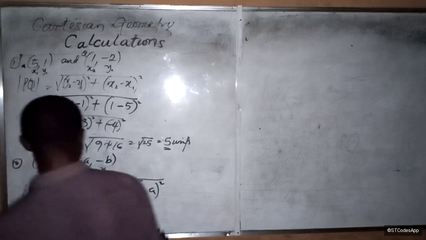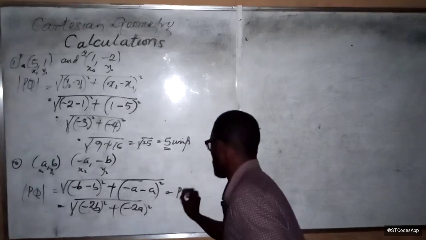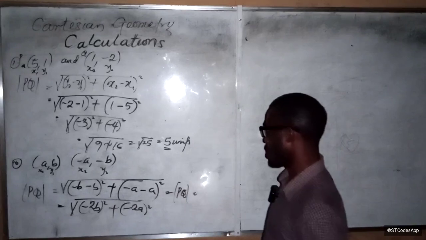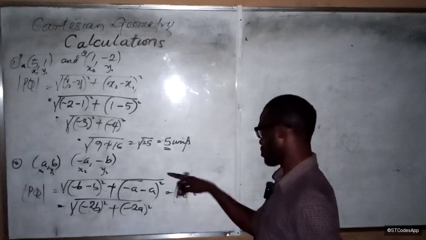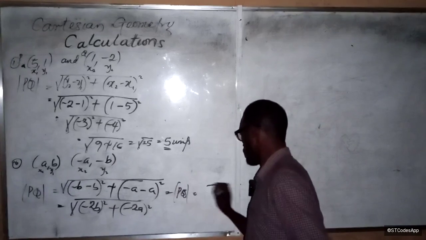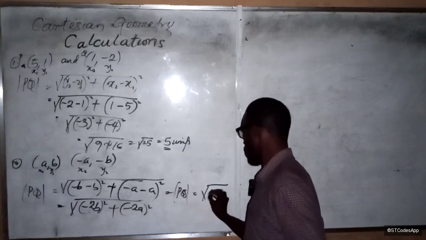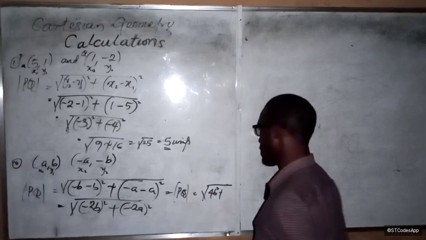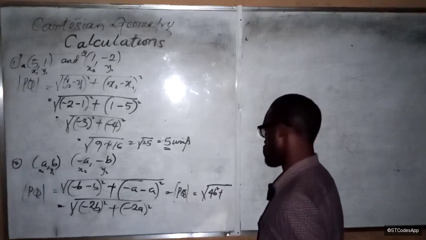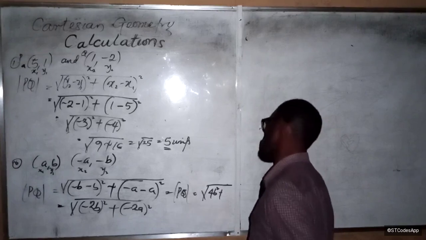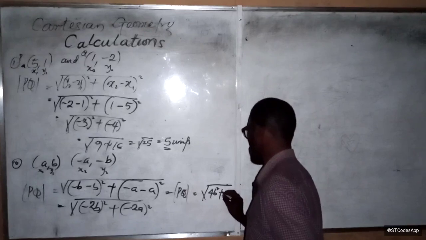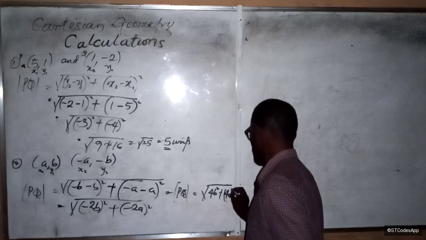So what does this become? Line PQ is equal to minus 2 squared is 4, so 4B squared, plus this, minus 2A squared, that will give us 4A squared also.